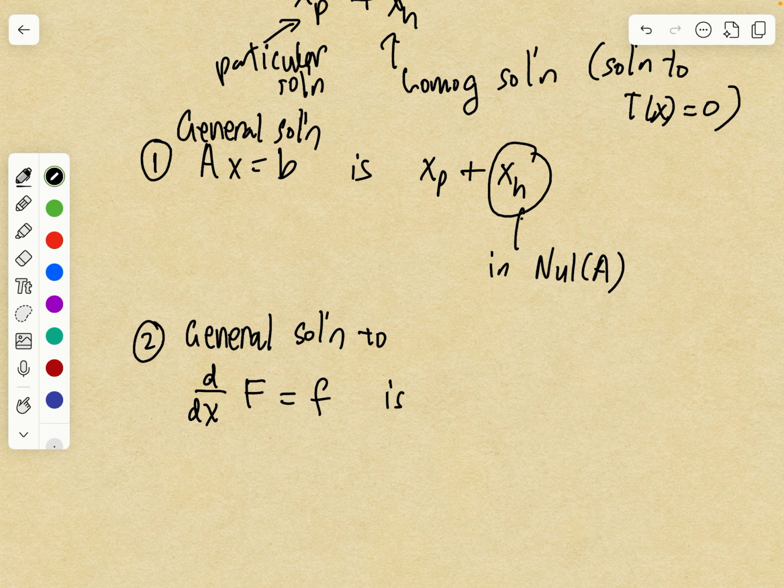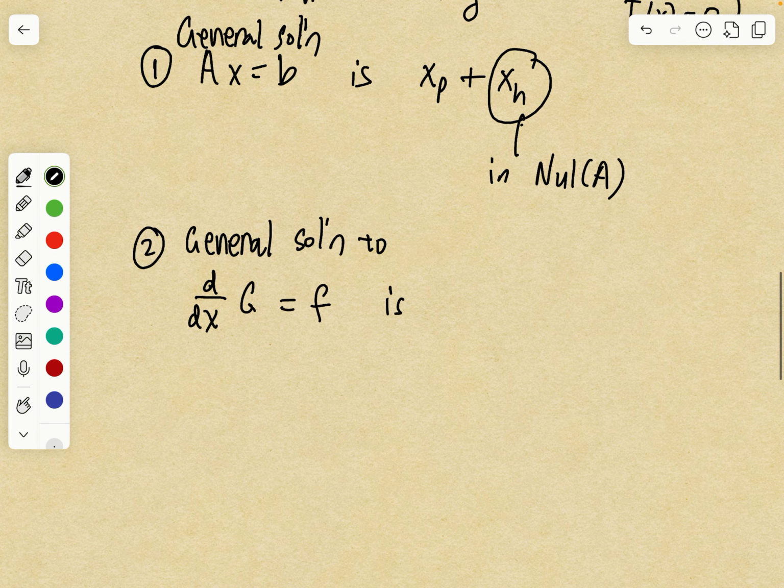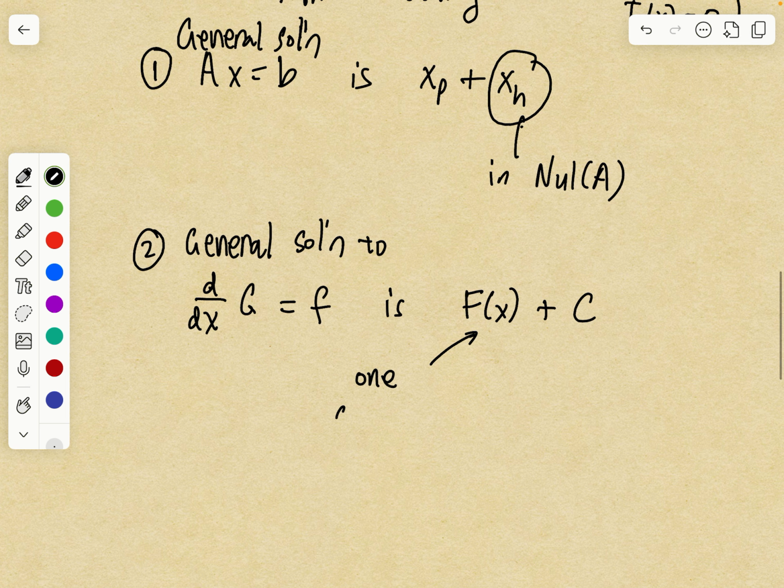I'm looking for all the functions whose derivative is little f. It's going to be a particular antiderivative plus a constant, right? This capital F of x is one antiderivative. It's one function, it's a particular antiderivative.